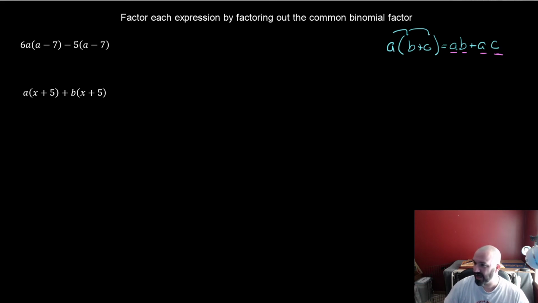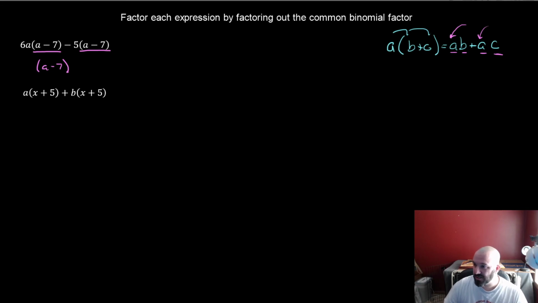If you check out the A minus 7 in this particular problem, in each, you'll notice that they are identical. That's serving as the A in the generic distributive property. So it's telling you that because that's a common factor, you pull that out front. So we mark A minus 7 out front.